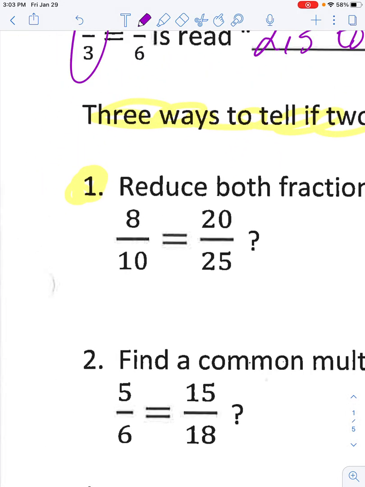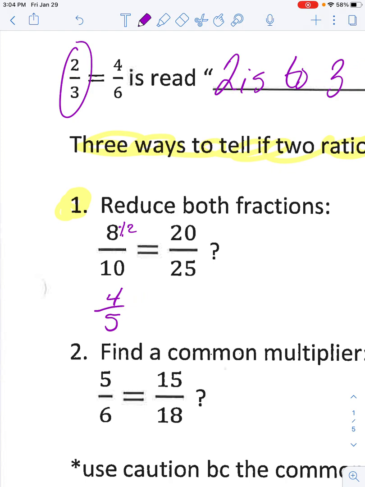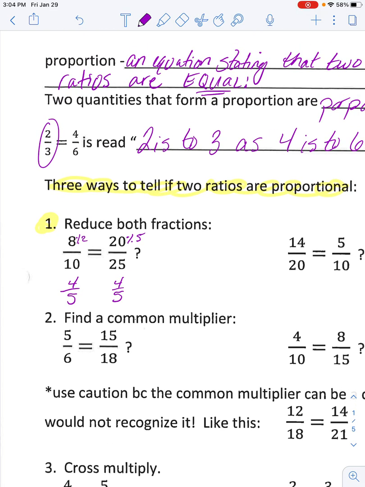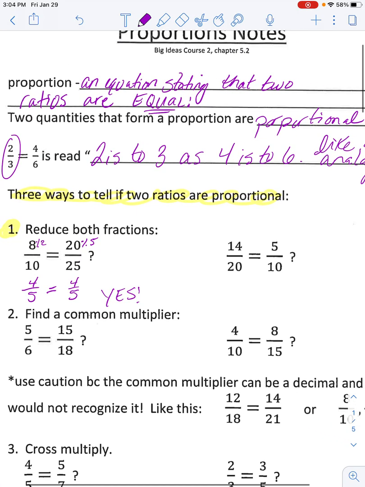If I simplify 8/10, that would simplify to 4/5. Agreed? 20/25, if I simplified 20/25, I would get 4/5. Since both of those fractions reduce to 4/5, we would say yes, those two fractions are proportional.